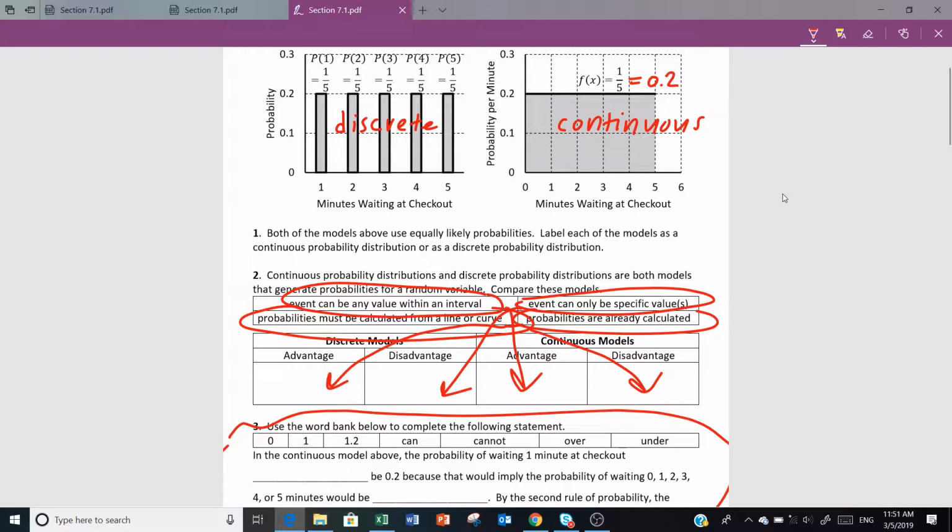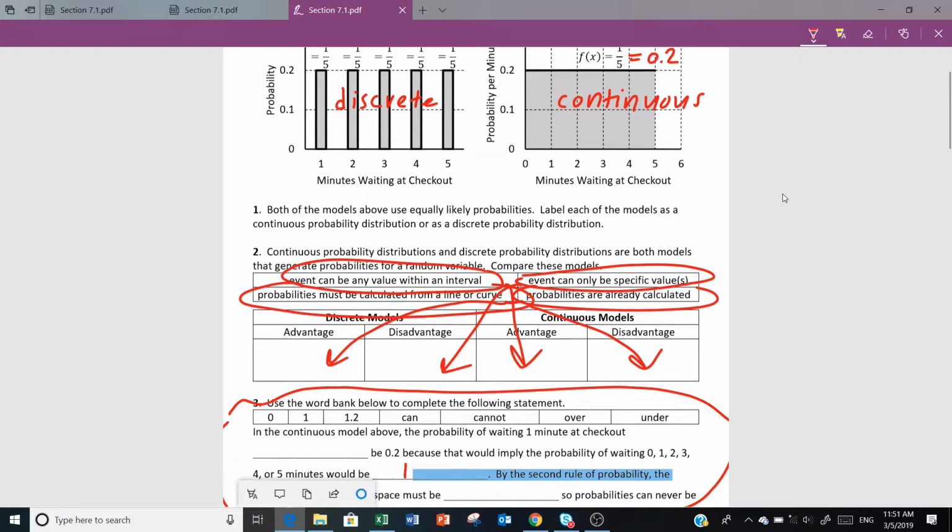If all the probabilities are 0.2, well then if we add the probability of getting a 0, which is 0.2, the probability of getting a 1 is 0.2, this is also 0.2, 0.2, 0.2, 0.2, well that's 0.2 plus 0.2 is 0.4, 0.6, 0.8, 1, 1.2, so if we sum all those probabilities we get 1.2. Is that possible?